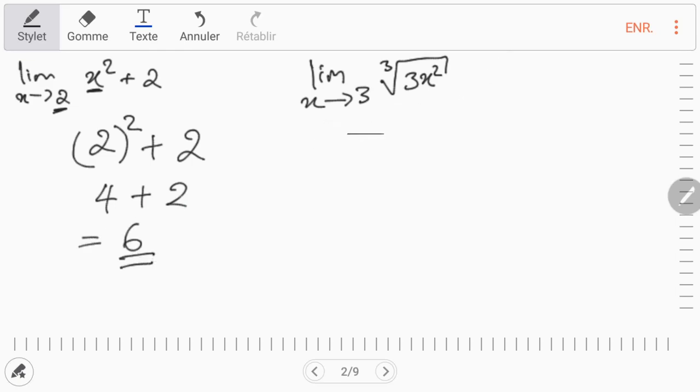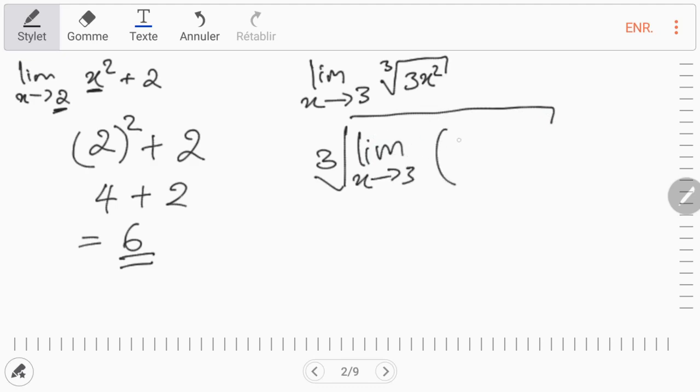Here we can apply property 9, which says that it is the same as the cube root of the limit as x approaches 3 of 3x squared. You replace x by 3.